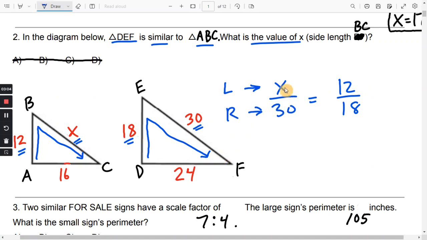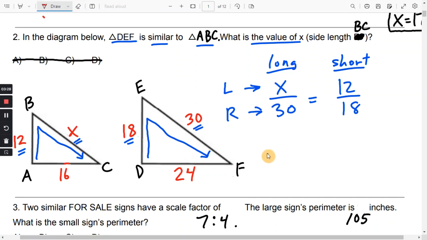Okay, the X and the 30, that was the long side on both triangles. And the 12 and the 18, that was the short side on both triangles. Okay, it doesn't matter exactly how you set them up. You just have to be consistent going across and consistent with each fraction.